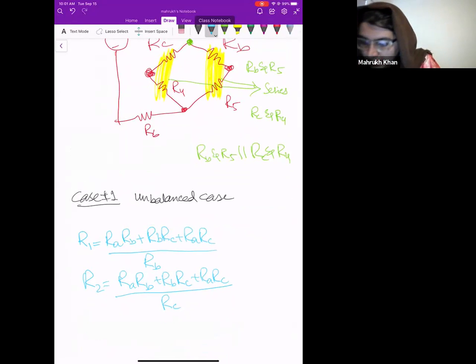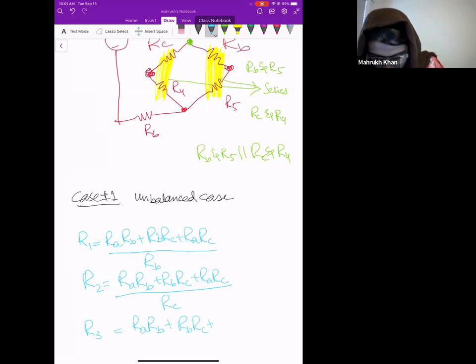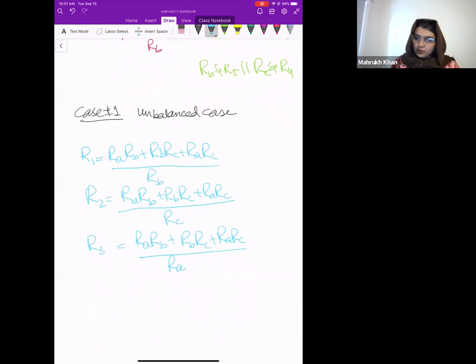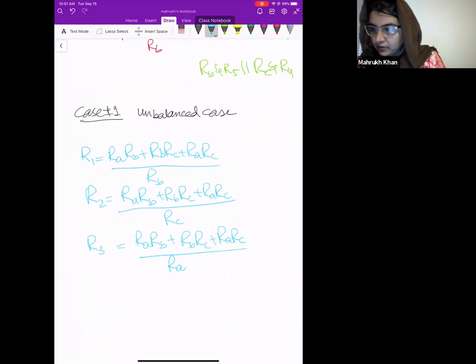Okay, and R3 is RA, RB plus RB, RC plus RA, RC divided by RA. Now this is R1, R2, and R3, which are in the delta combination.